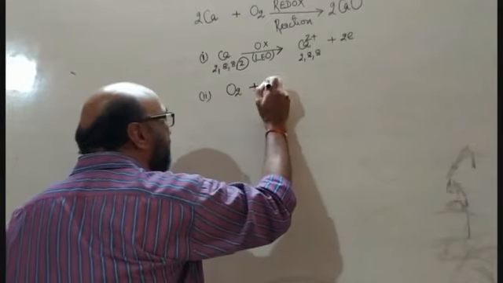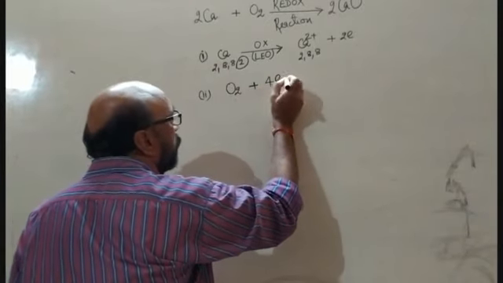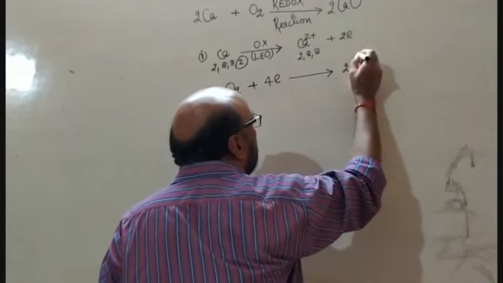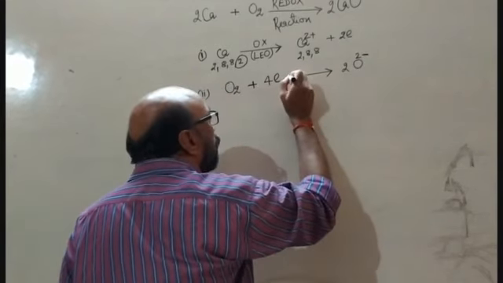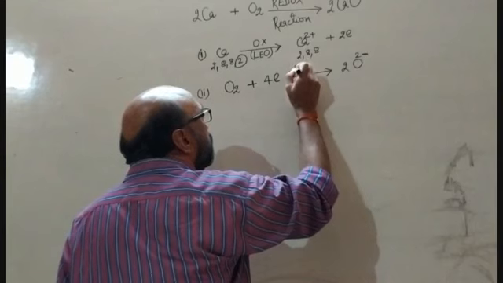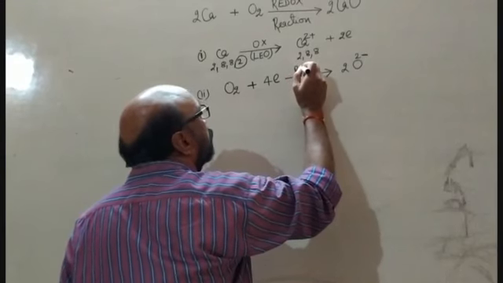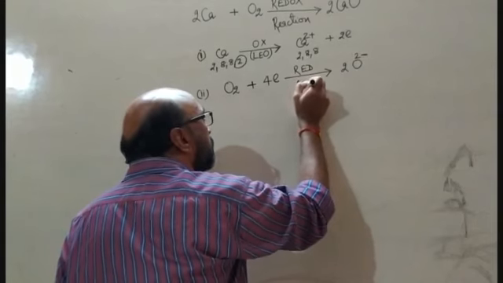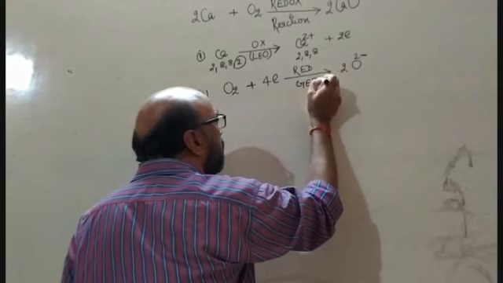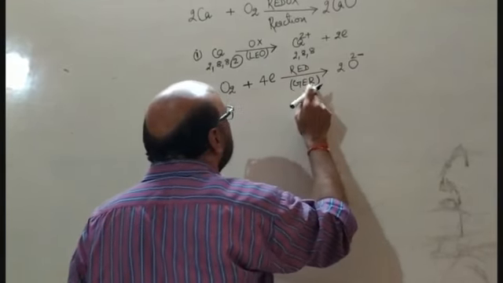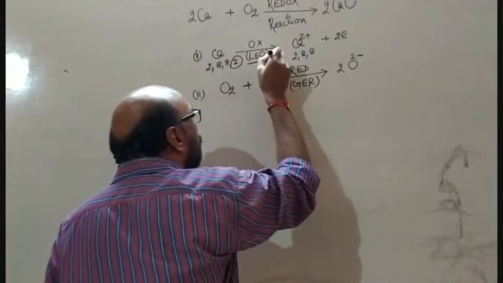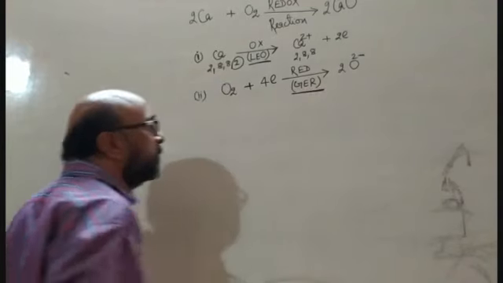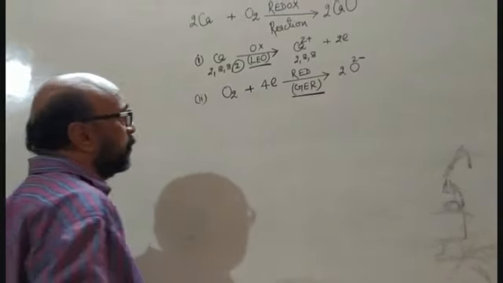Therefore, it needs to gain 4 electrons to convert into 2 oxide ions. Here electrons are gained by oxygen, therefore it is the process of reduction. In short we can write GER means gain of electron is reduction, and LEO means loss of electron is oxidation. Here GER means gain of electron is reduction.